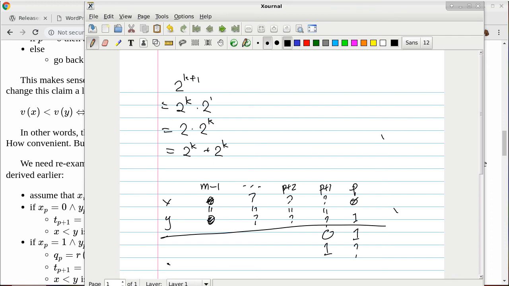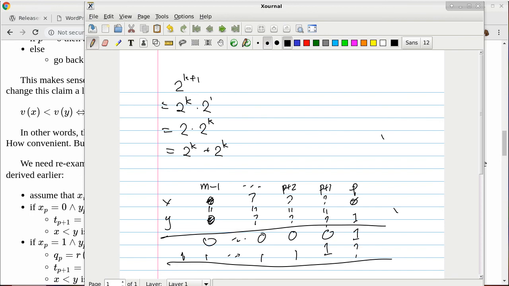So that 0 minus 1 will result in a 1 over here. And then we have all zeros here, and then we have all 1s over here. So that means at the very end, we still end up with a borrow here. And that would be the borrow bit t_m as our last borrow bit of the entire calculation. So it means y is greater than x.